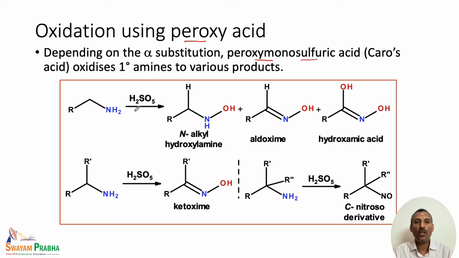The primary amine when treated with Caro's acid gives various products. It produces N-alkyl hydroxylamine derivatives. It also gives aldoximes. It also gives hydroxamic acid. So, there are various places where the hydroxy group is introduced.